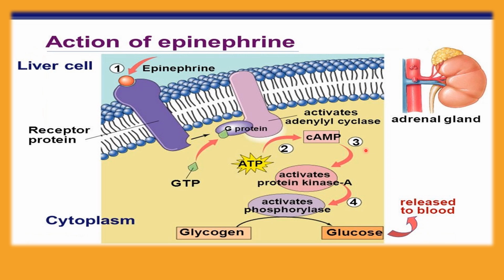So this is how the mechanism works for the group 2 hormones via the generation of these second messengers. In this case, the second messenger is cyclic AMP. There are other second messengers like cyclic GMP, calcium, IP3, DAG, etc., which are responsible for the action of these hormones.